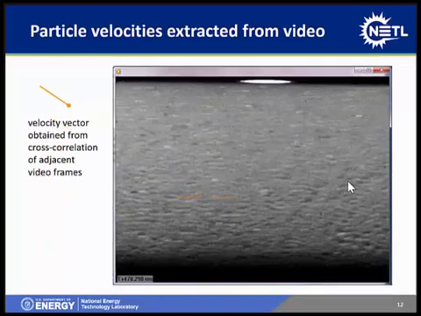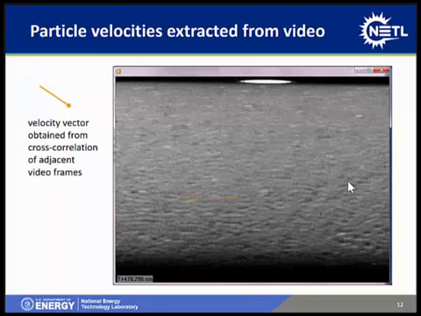And if we do the cross-correlation, what you can see, if you look very, very closely, are two velocity vectors, which are the computed velocities for domains at two different places in this flow region. So we can extract a velocity vector from our video measurements. We can use that to compare with what we get from our microwave Doppler measurements.